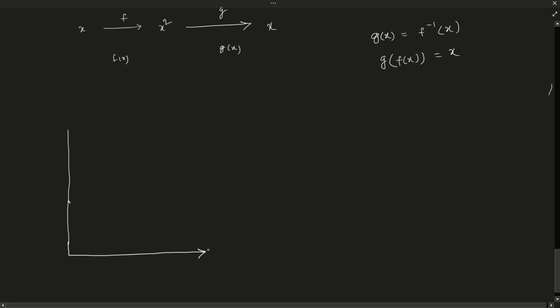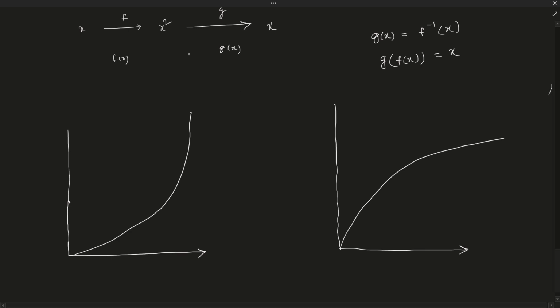Suppose we have a graph here and another graph here. It's like this and it's like this.